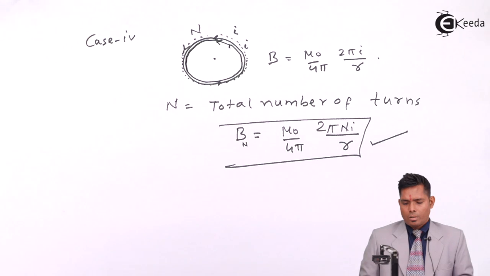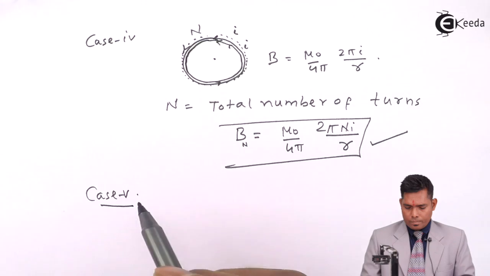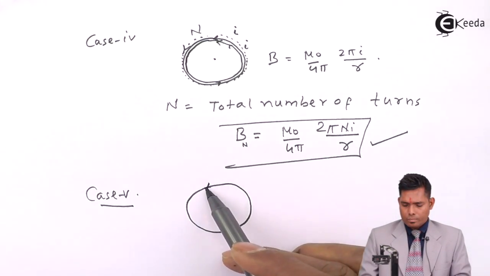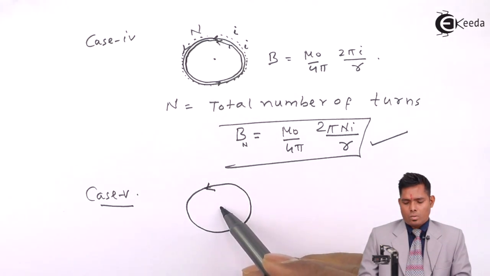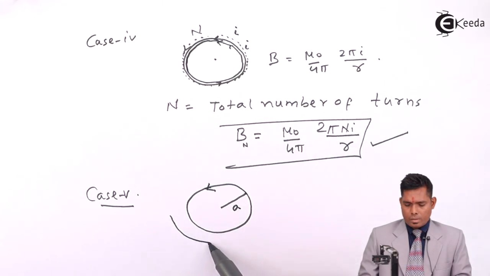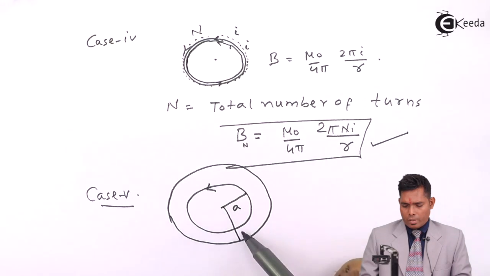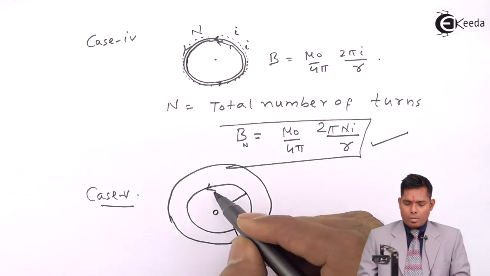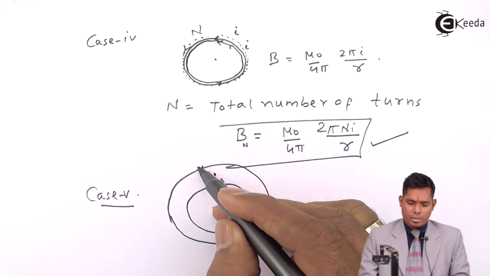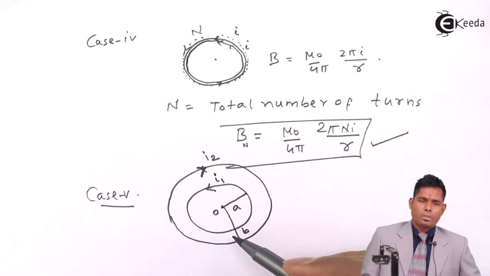Okay, and if there is a coil of radius A, I'll take another coil of radius B. This carries a current I1, this carries a current I2, but the directions of current are not the same.